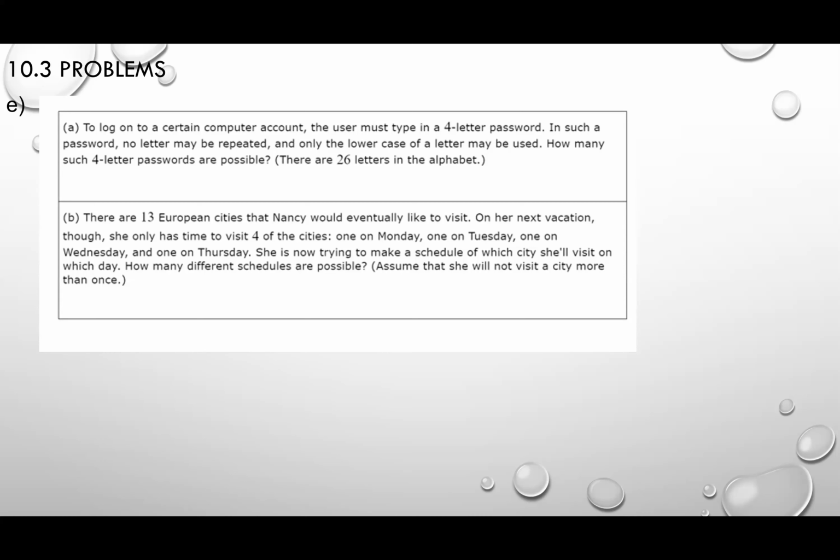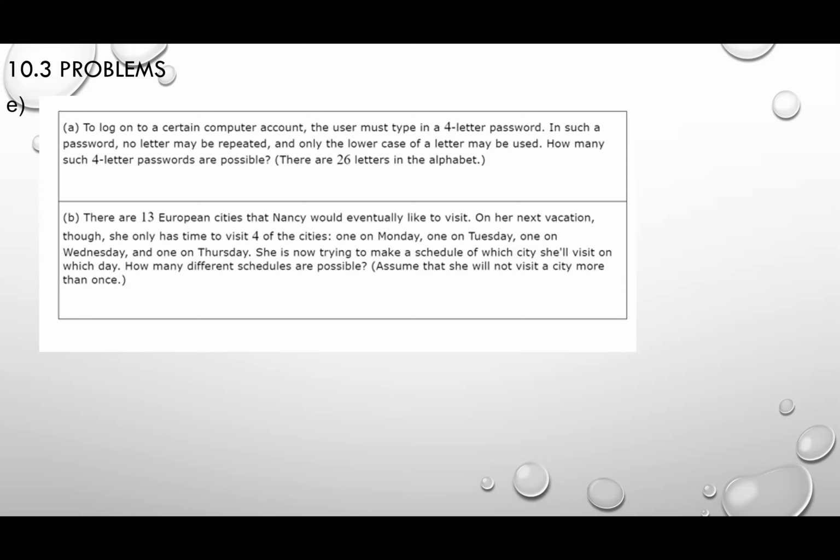Let's say you have ACED; you cannot put in DACE because it won't work. So the order matters because that is your password. Each position of the letter is important.